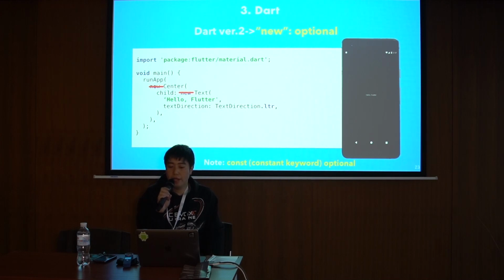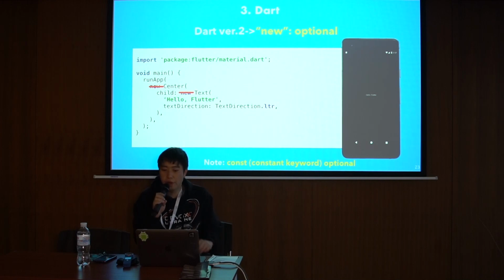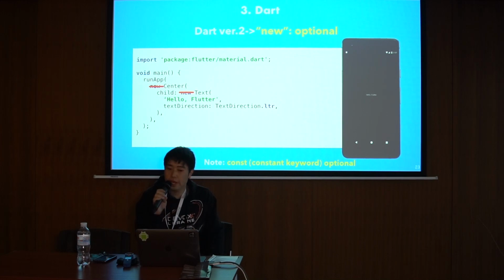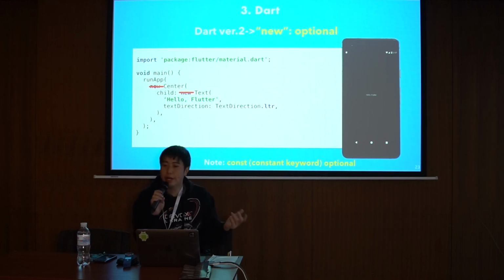The new Dart version, version 2, does not require the new keyword. Also, the const keyword is not required. Const means constant variables. So we can remove both the new and const keywords from our code.